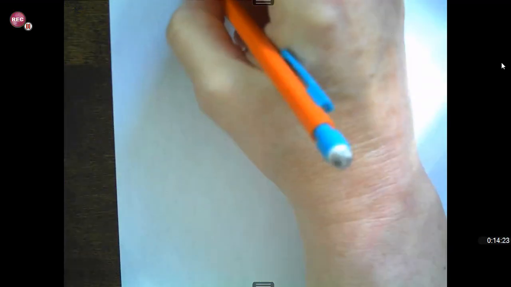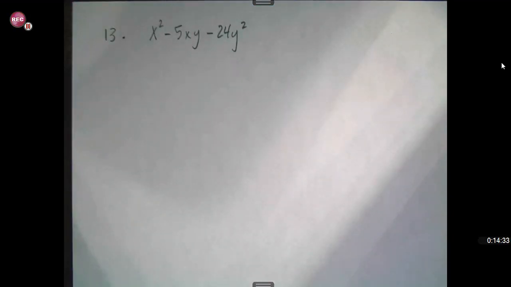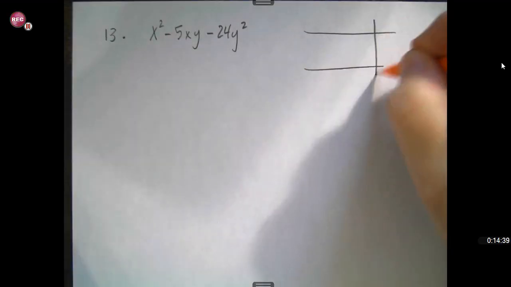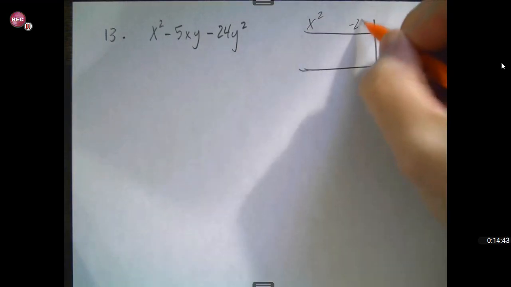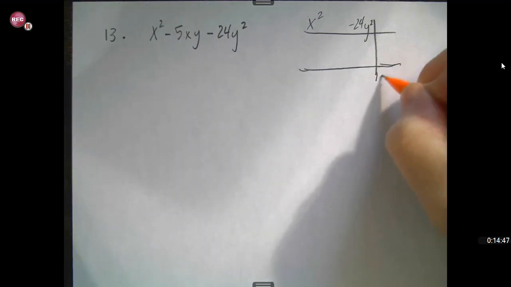And number 13 is x squared minus 5xy minus 24y squared. Get that in your window. There we go. Excuse me. No greatest common factor. So I go straight to my factor puzzle. X squared, minus 24y squared. There can be more than one quadratic term.